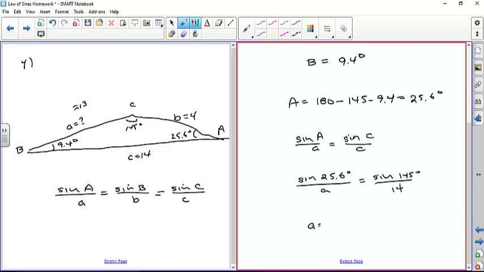So if you solve for A, you'll have the sine of 25.6 go up to the numerator, this comes down to the denominator, and you multiply by 14.